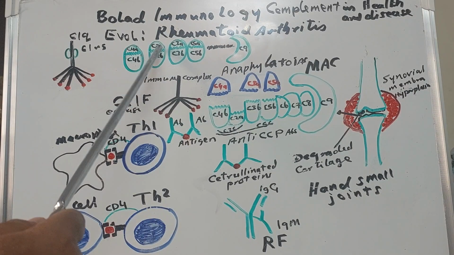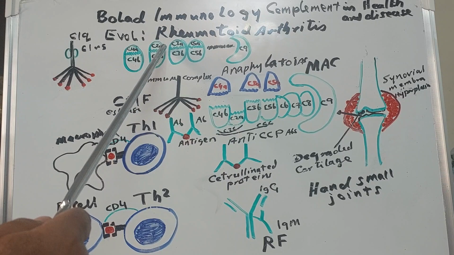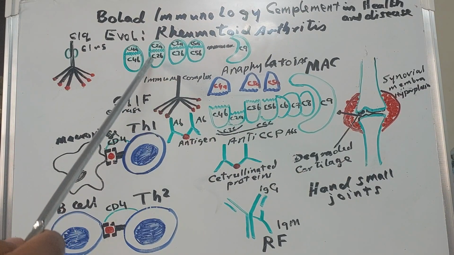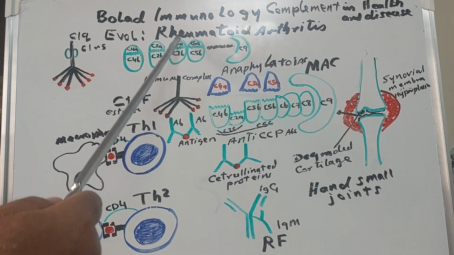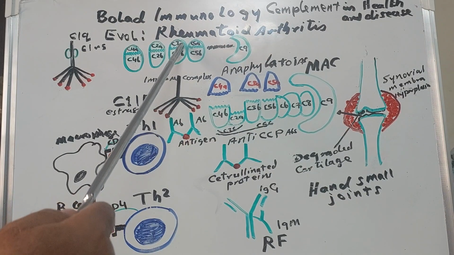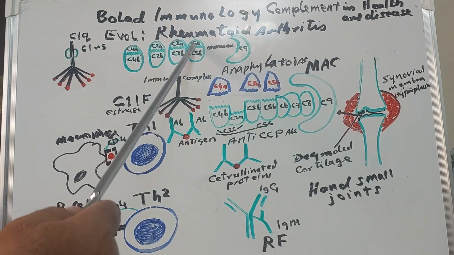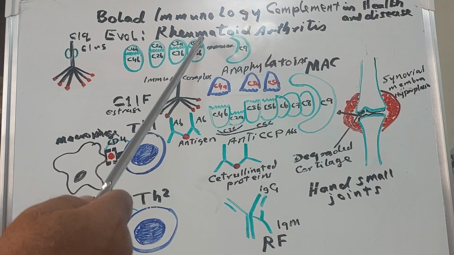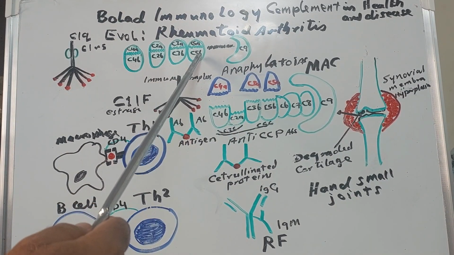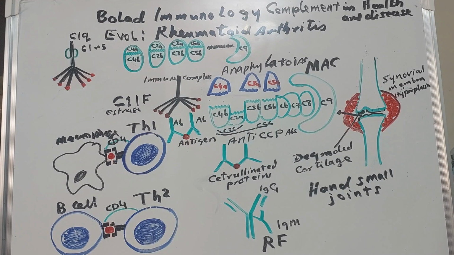Then C2, which also has C2A, a short fragment, and C2B, a big fragment. Then C3, which also has two fragments, C3A short fragment and C3B big fragment. And then C5, which also has two fragments, C5A and C5B, the big fragment, up to C9, which looks like a rock.